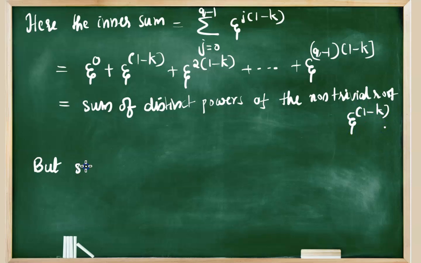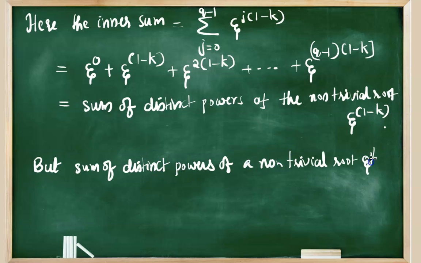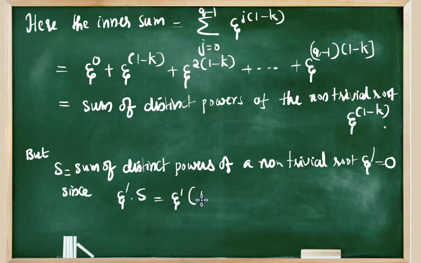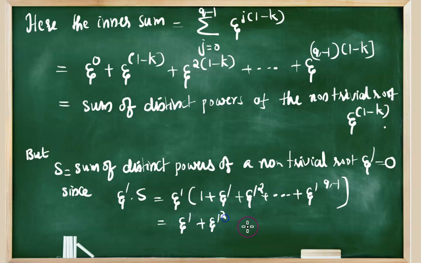But we know that the sum of distinct powers of a non-trivial root, zeta dash, is equal to 0 in fact, since zeta dash into the sum is equal to zeta dash into 1 plus zeta dash plus zeta dash square plus etc. zeta dash raised to q minus 1, and that will be equal to zeta dash plus zeta dash square plus zeta dash cube plus etc.